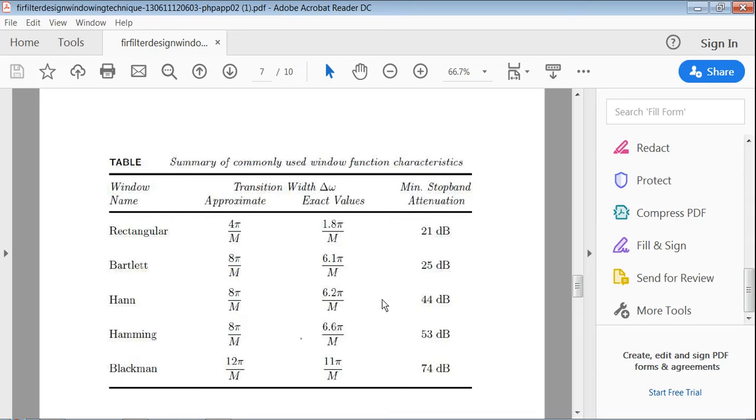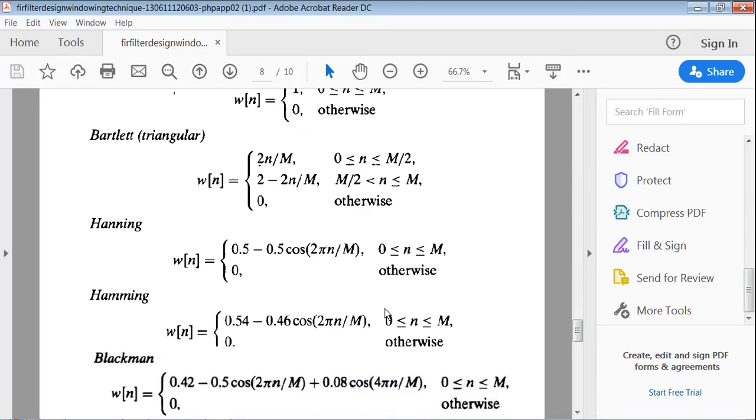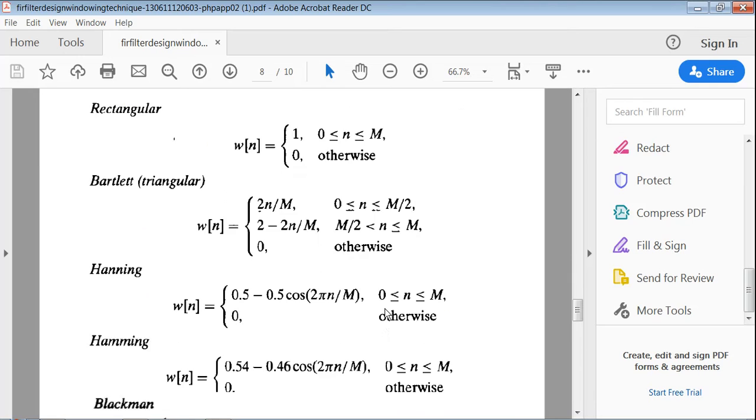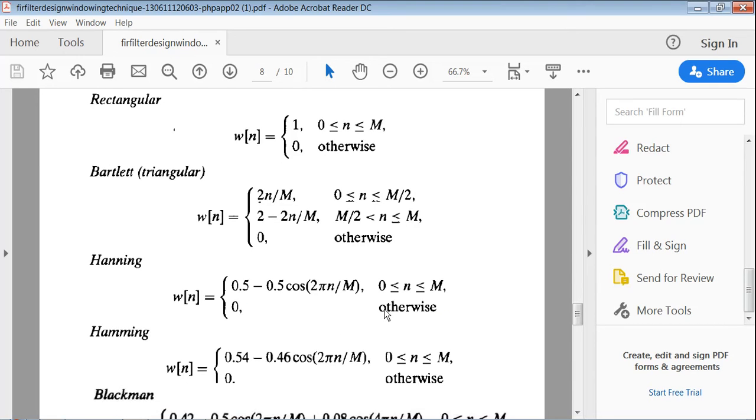This table is very useful for comparison purposes. See this, the equations are given for the different types of windows. For the rectangular window, w of n is 1 for samples 0 to m, where m is the number of samples, or it may be absolute value of n less than or equal to (m minus 1) by 2, otherwise 0, meaning for a finite range the value 1 will be present.